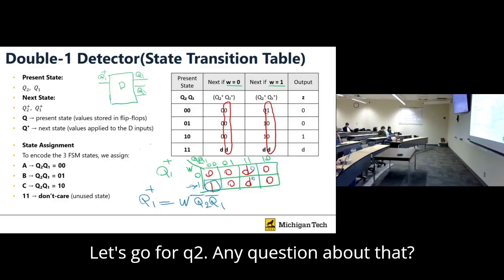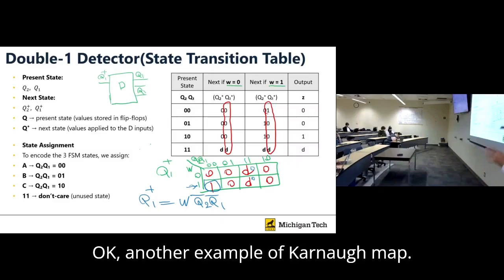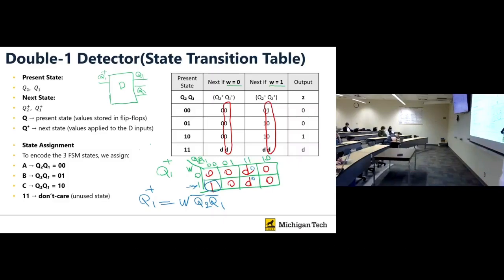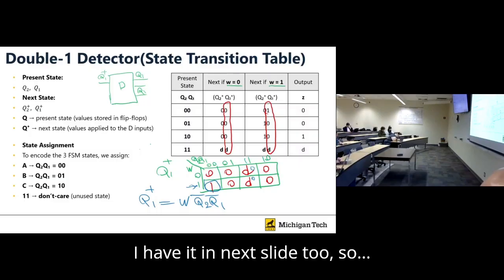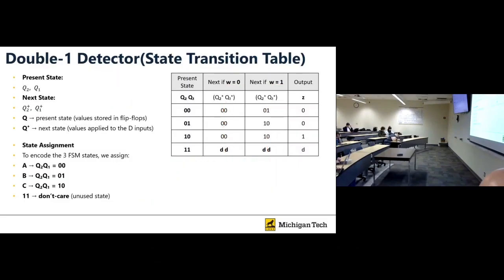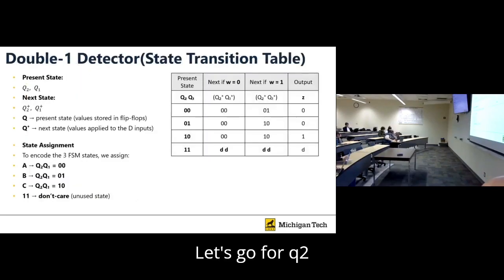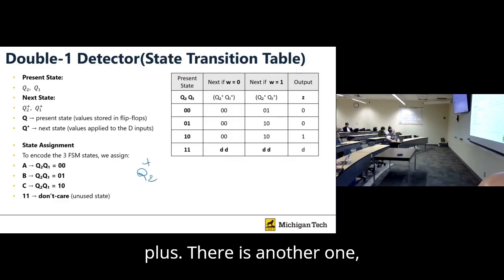Let's go for Q2. Any question about that? Okay, another example of Karnaugh map. Let's clean this up. Have it in the next slide too. So let's go for Q2 plus.